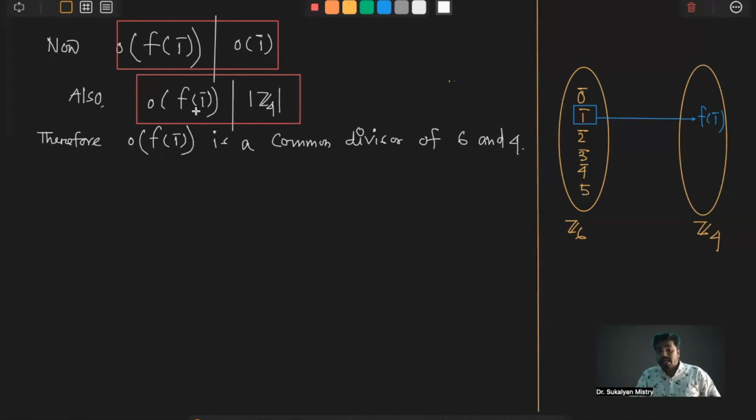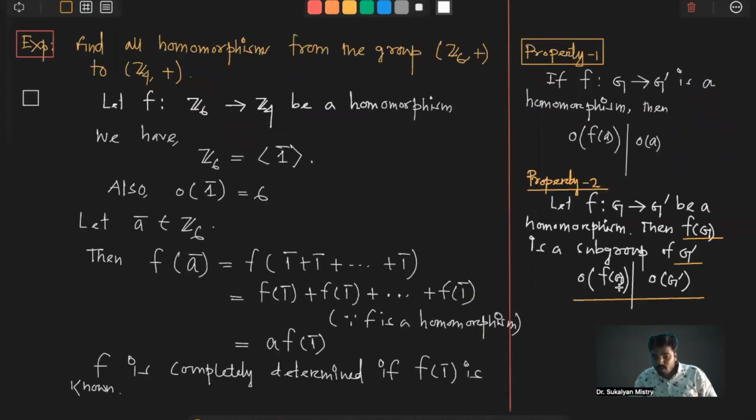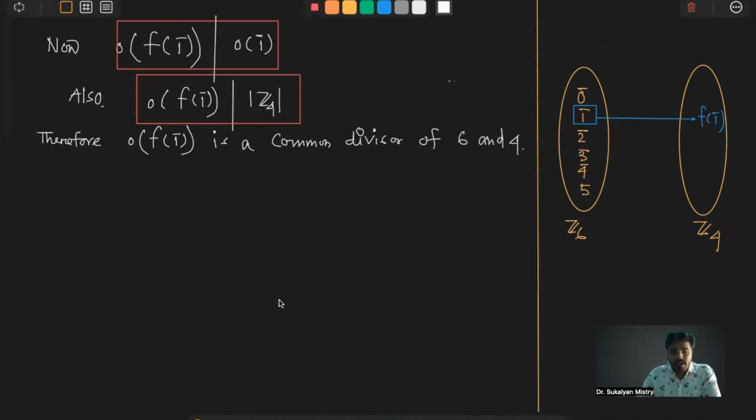Right? F1 bar generates all the elements of Z6, since 1 bar is a generator of Z6. So by this property, order of F1 bar divides order of G dash. G dash means Z4, so order of Z4. Clear? Okay.